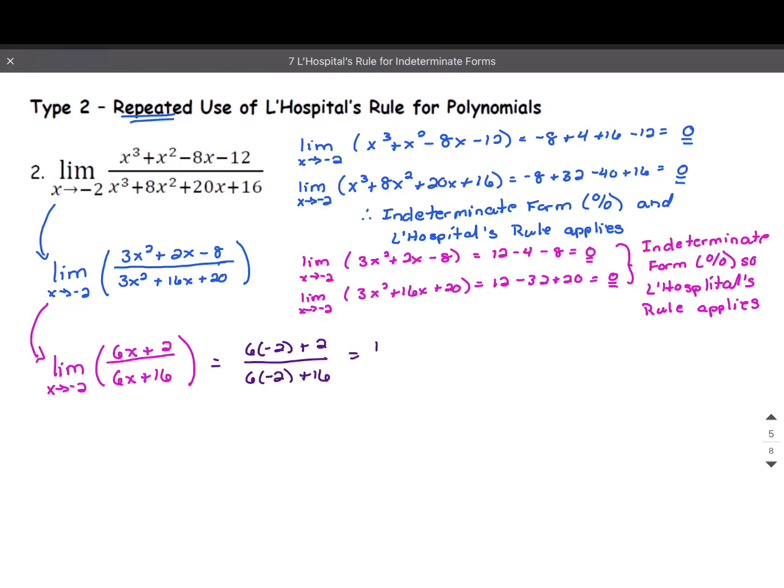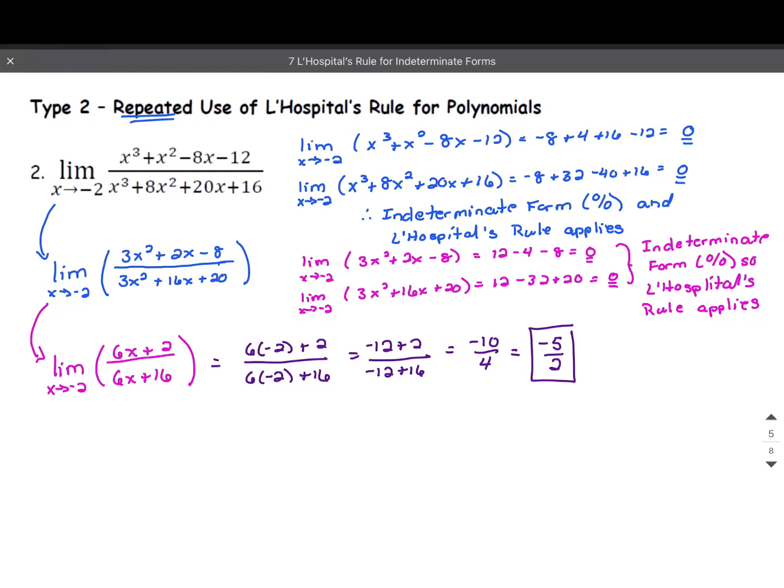So I'm going to have negative 12 plus 2, which is negative 10, over negative 12 plus 16, which is 4, and that reduces to negative 5/2. And that, my dears, is the limit for our original function as x approaches negative 2.